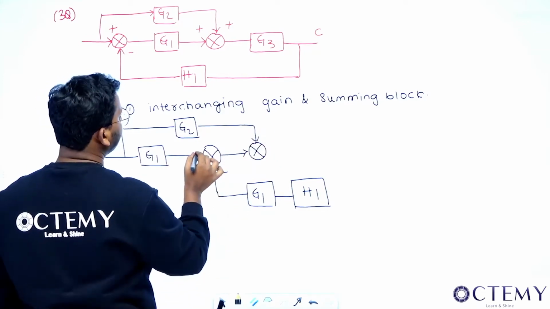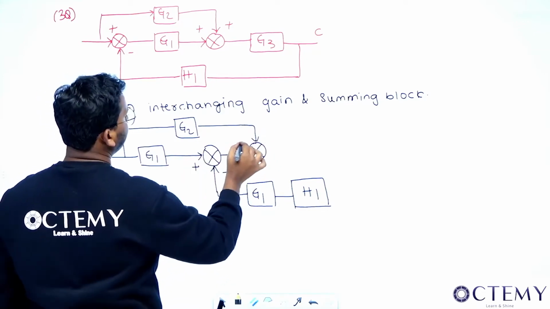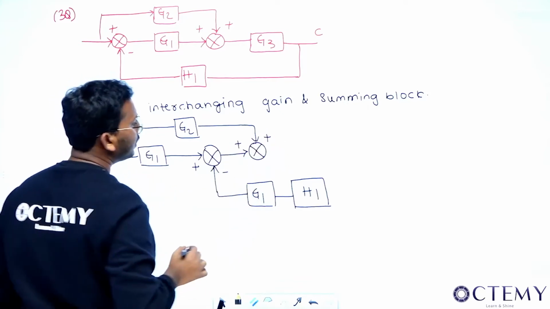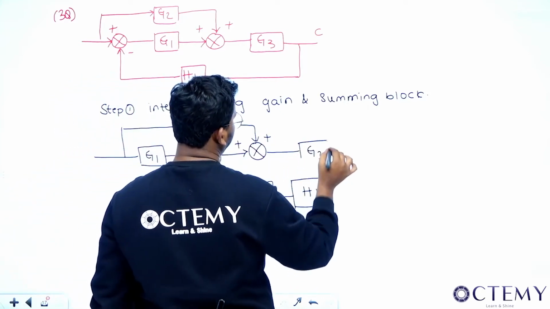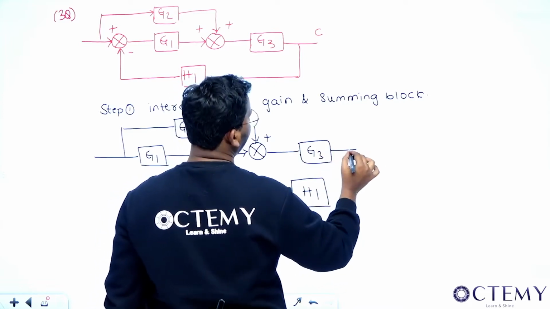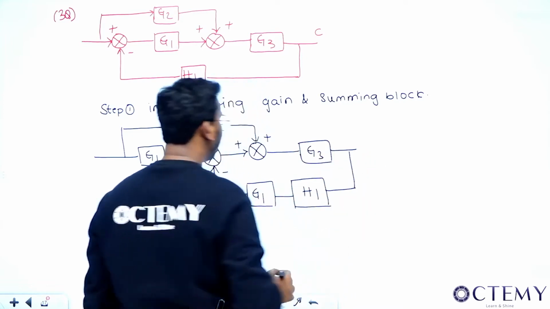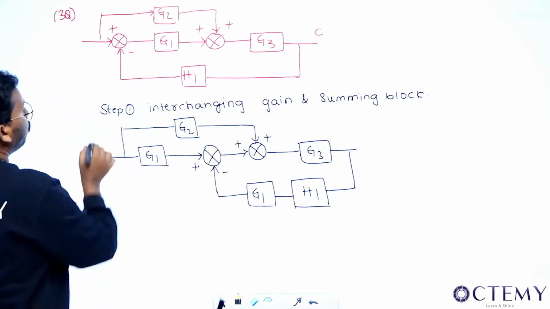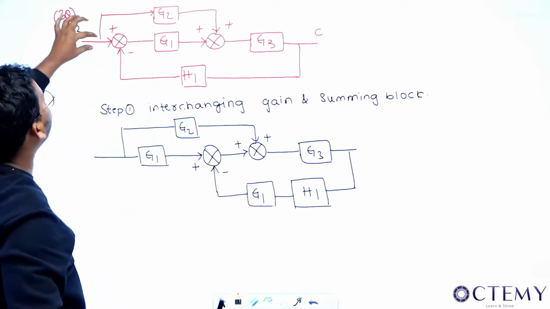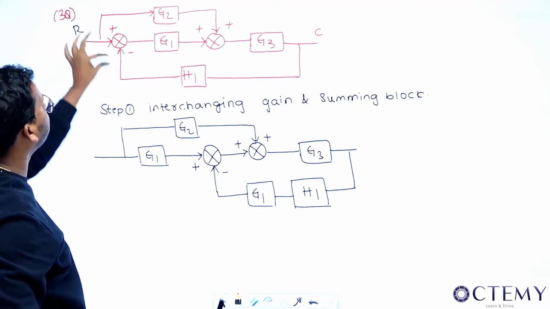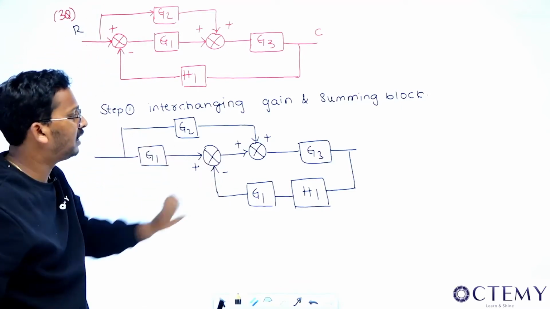This is minus, this is plus, this is plus, this is plus. Now this is simply G3. You will mostly use rule number 5 and rule number 6 there. So make sure you understand how to apply them. You have pushed this block here, so before this you got a G, before this you got a G.